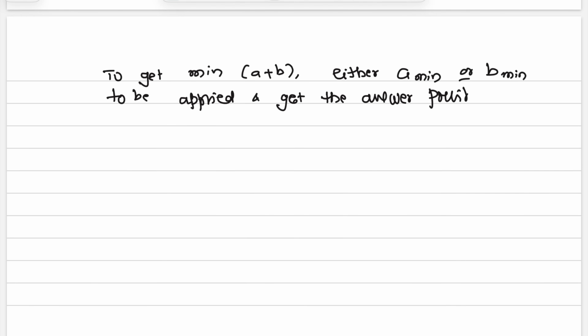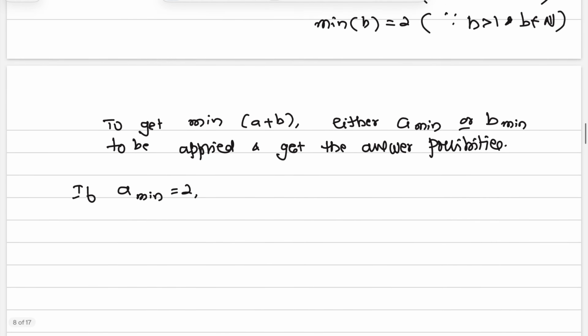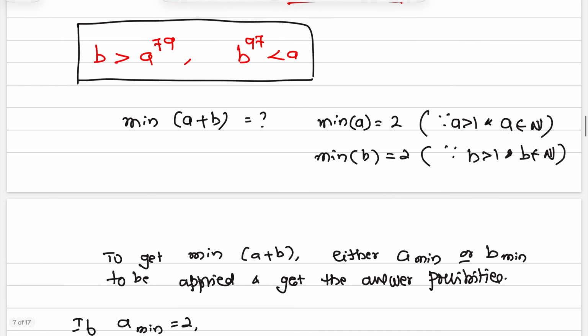Possibilities. For example, if I take a minimum, that is equal to 2, if I take minimum value of a, then if I take a as 2, b cannot be less than 2.